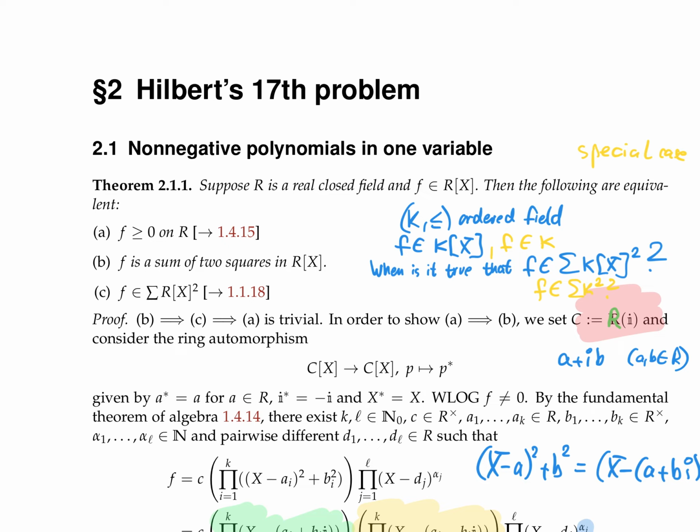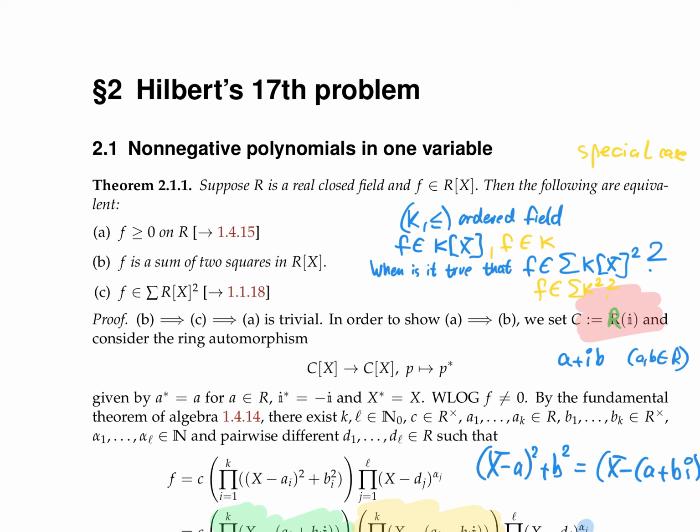And well, you know that there are fields that have several orders, not only one order. And the intersection of all orders on K is the sum of squares. You know that already, that's what we have proved.